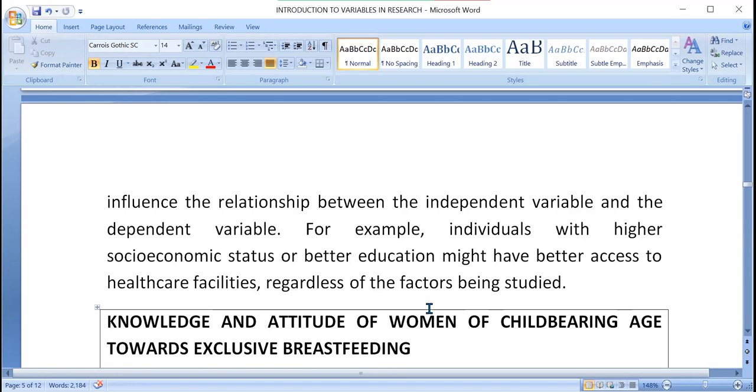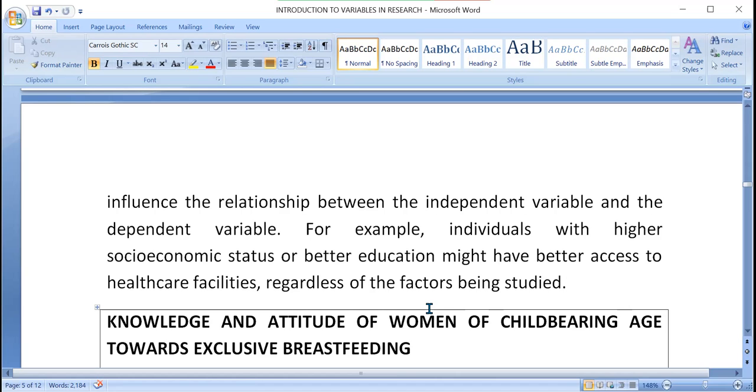Let's say someone who is educated, education is a confounding variable. Because he is educated, he or she understands that once he or she is unhealthy, he needs to go to the hospital. So when he gets there and the cost of services is high, he or she, because of his educational level, would pay. Unlike someone who does not really believe that going to hospital is necessary, how much more when he gets there and the hospital cost is exorbitant, he runs away.